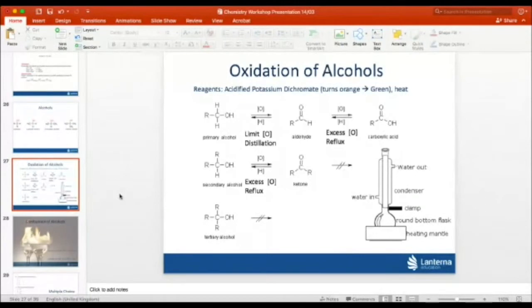One more question. Yeah. Could you expand on the conditions needed for fractional distillation, i.e. what temperature? Temperature-wise for distillation, it really depends on what kind of alcohol you've got. If you've got a small alcohol, it's going to make a small aldehyde, so it's going to have a very low boiling point because the intermolecular forces are weaker because it's smaller.